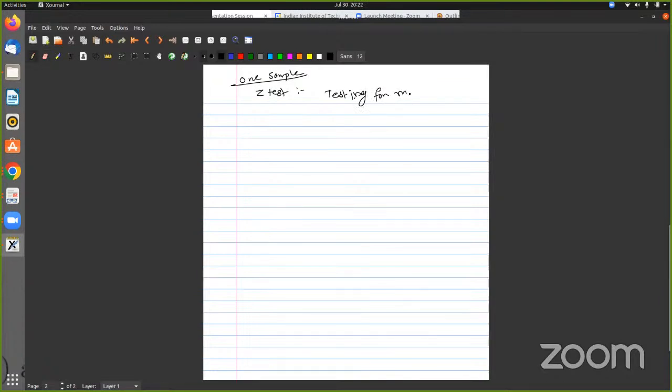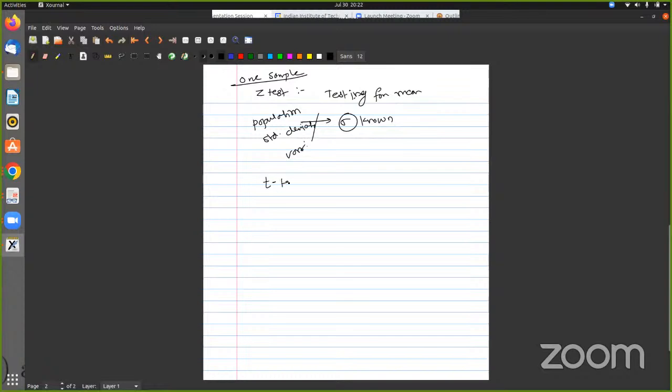And here, what is known here? Sigma is known here. Sigma means population standard deviation, or you can say variance. This is known. So then we'll use Z test.